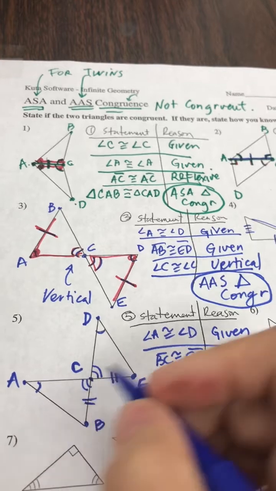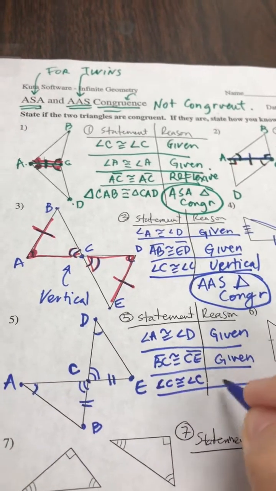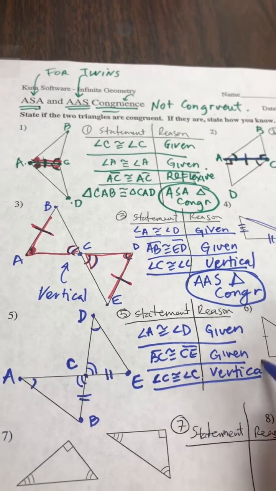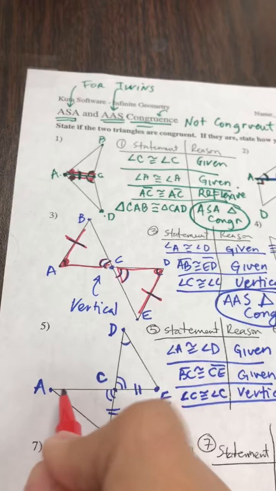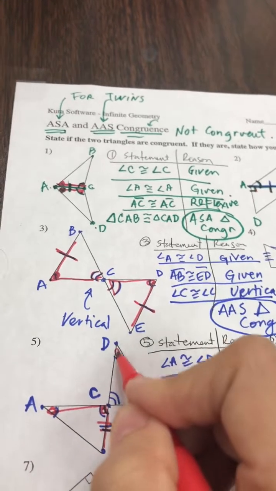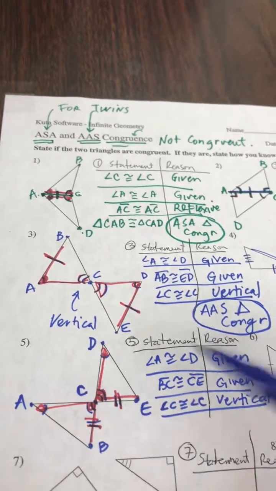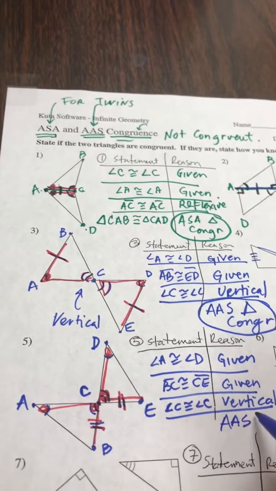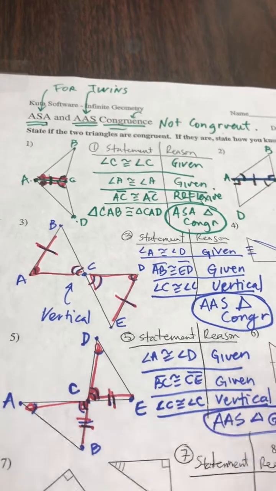And last but not least, they both have an angle C that are vertical. Okay, cool. So let's see what our evidence spells. I have one angle and another angle and the side. One angle and another angle and the side. So it looks like I'm spelling angle, angle, side, triangle congruence. Awesome.